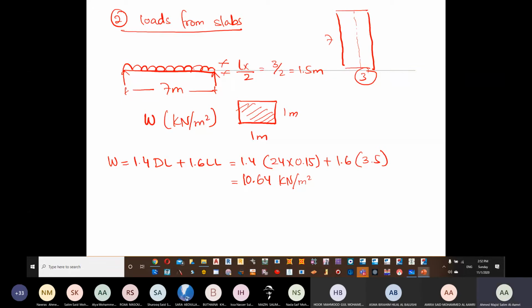Okay, so now this is 10.64. Now 10.64 is for how many meters of height?